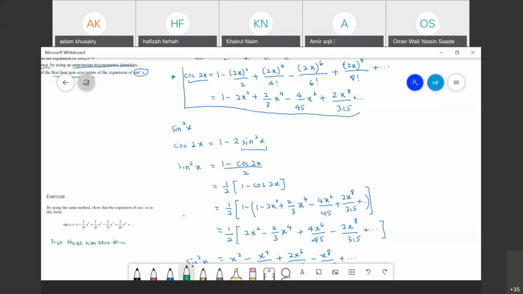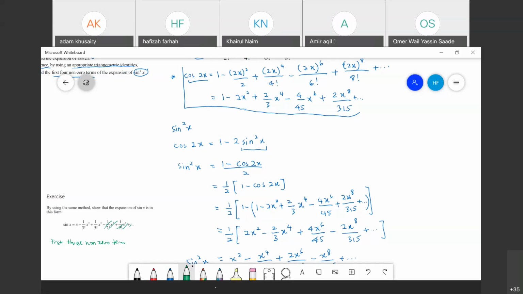So just move up until x to the power of 5. Try this out. Okay, so that's all for today. Next class we will learn about the convergence and the divergence test and the Taylor series.